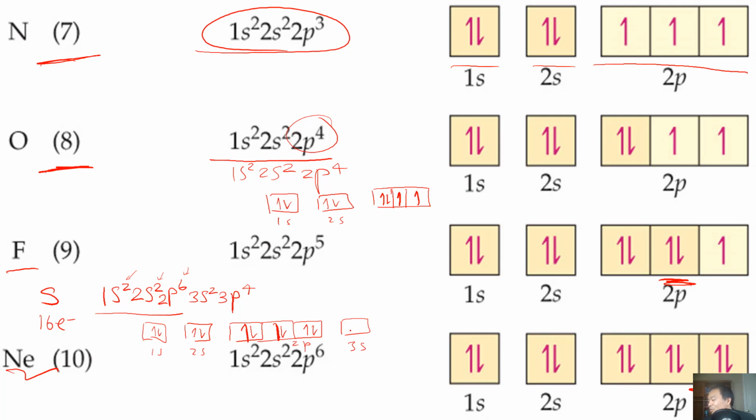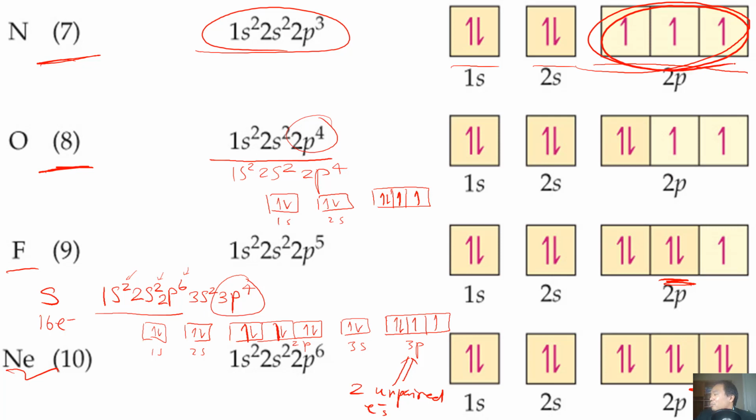Again, s has only 1 orbital, or you use 1 box to represent it. Now you have a 3p. Again, p has how many orbitals? 3, so use 3 boxes connected together to represent it. Have 3p. You have 4 electrons. You're going to fill singly first, then you pair this up. So when you look at the 3p4, that tells you how many unpaired electrons. Here, that's 2 unpaired electrons. So when you look at nitrogen, it would be 3 unpaired electrons, right?